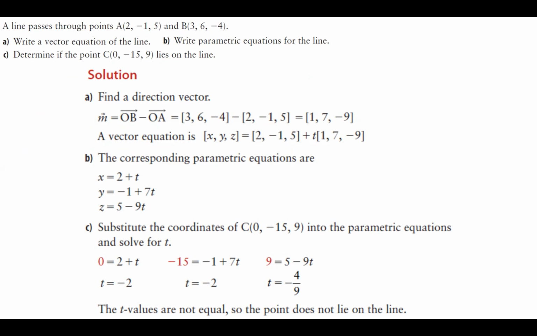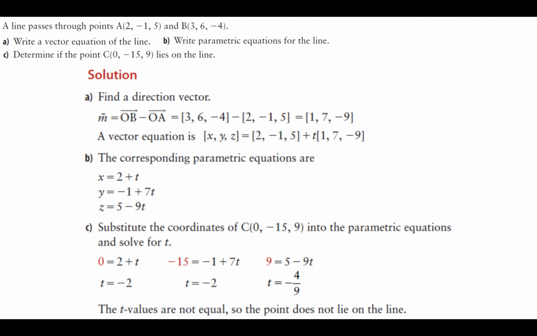Therefore, a vector equation of that line is given by vector (x, y, z) equals the position vector of a given point of that line. So for example, we can use point A, right? (2, -1, 5) plus t times the direction vector of that line, which is (1, 7, -9). And t belongs to the real number set.